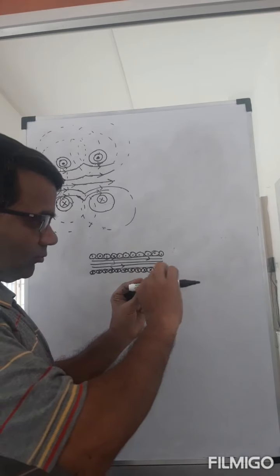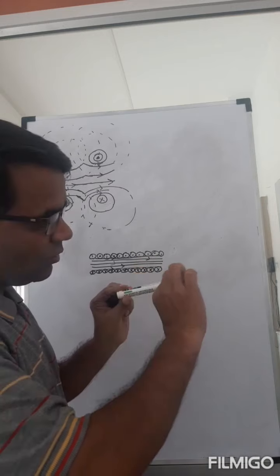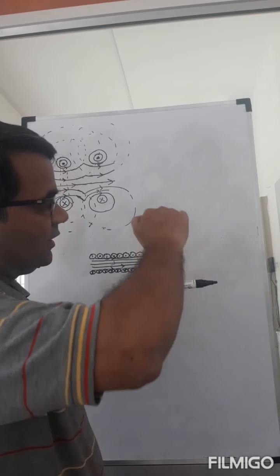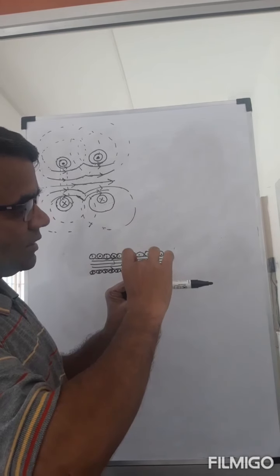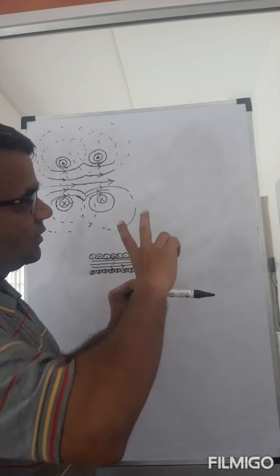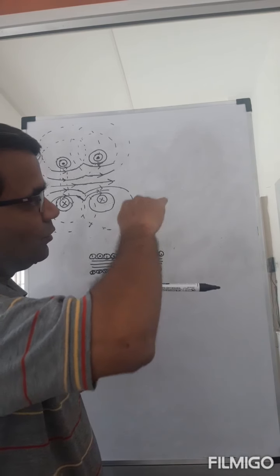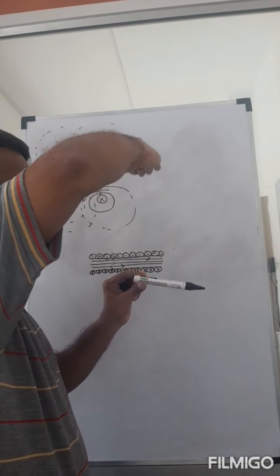If the diameter or the radius of the solenoid is small, then clearly if we take some distance here, notice that the field set up by this part will be almost equal to the field set up by this part. So as we go further away from the solenoid, this will become weaker and weaker.